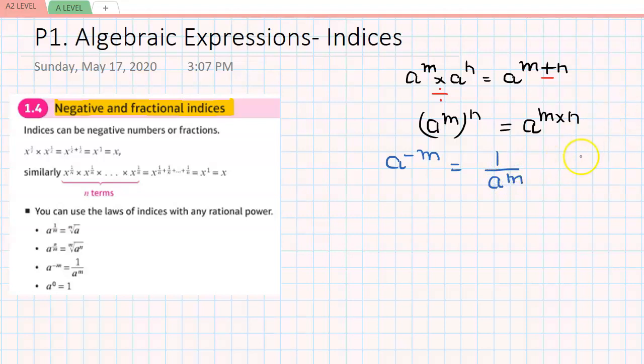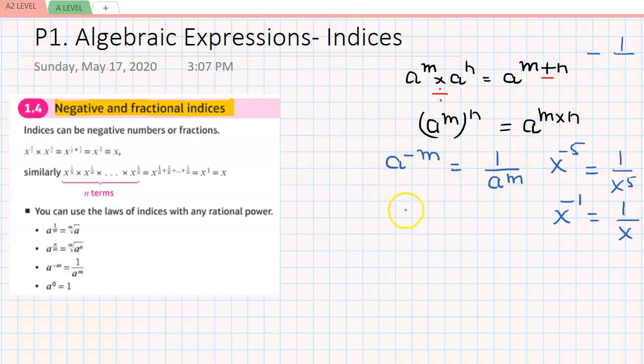For example, if I write x to the power minus 5, this is equal to 1 over x to the power 5. And if I write x to the power minus 1, this is equal to 1 over x to the power 1. So this negative sign means 1 over.